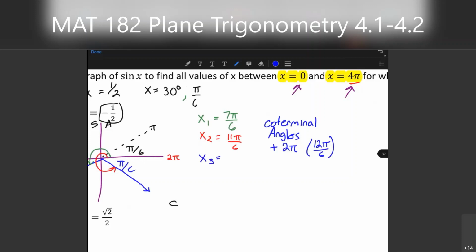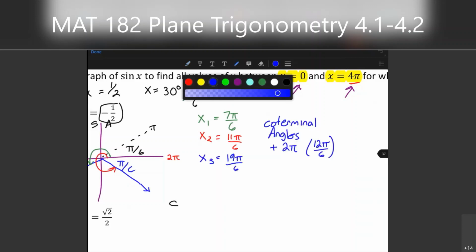If I do 7 pi over 6 plus 12 pi over 6, what will be my third solution here if I do a coterminal angle for x1? Yep, that would be 19 pi over 6 for the first one. Excellent, so that's one solution.